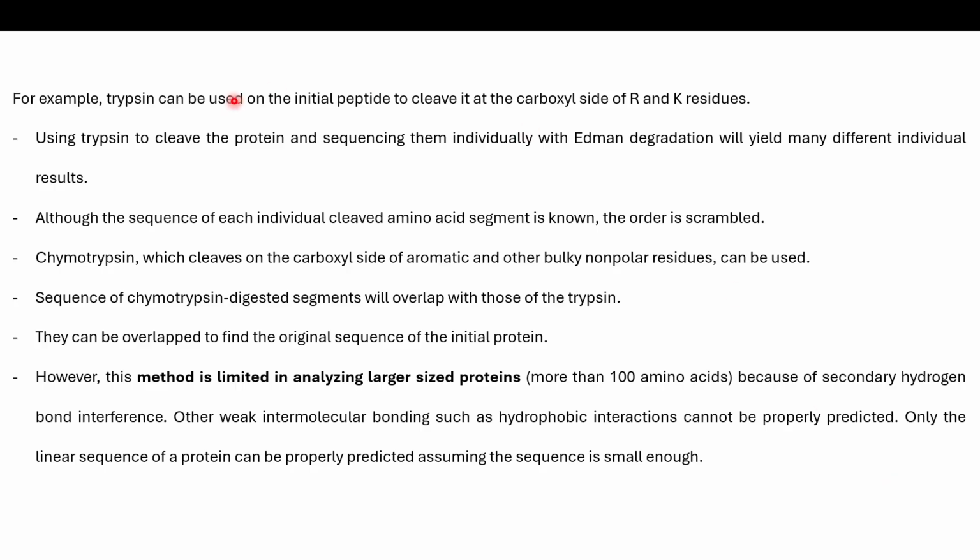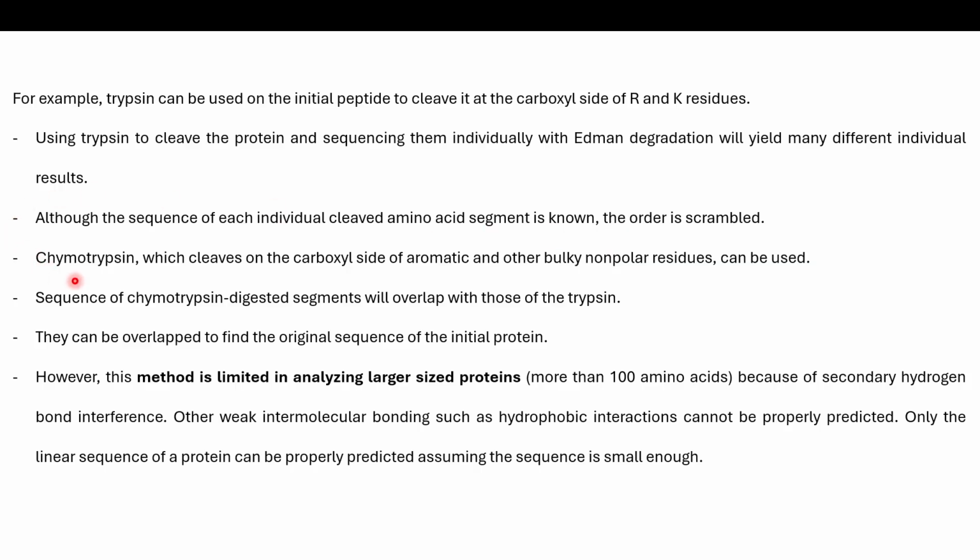For example, trypsin can be used on the initial peptide to cleave it at the carboxyl side of arginine and lysine residues. Using trypsin to cleave the protein and sequencing the pieces individually with Edman degradation yields many individual results. Although the sequence of each fragment is known, the order is completely jumbled.